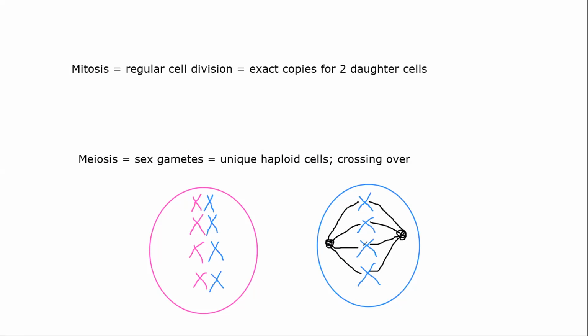Now, if one of these doesn't get pulled properly, normally we would end up with these being our 2 daughter cells, and we should have half of it.